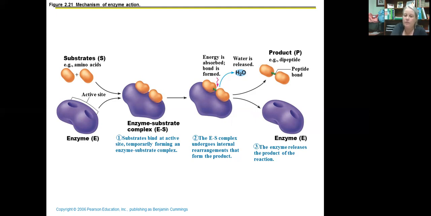The example it gave in your notes was if you put an egg in a frying pan and you start to heat that up, that egg is going to start to turn white where it was clear. And there is nothing you can do on this earth that's going to get it back from being white to clear. The clear part of the egg is the protein portion.